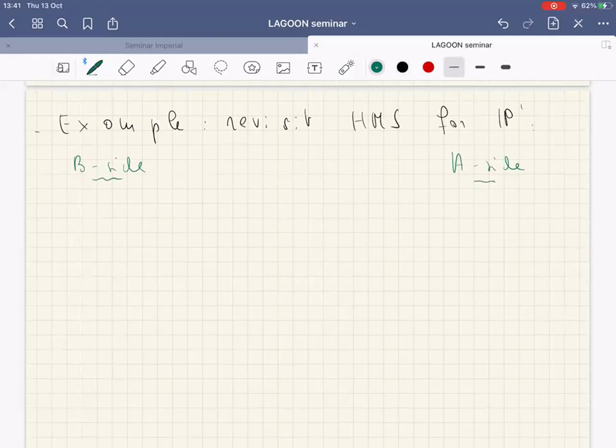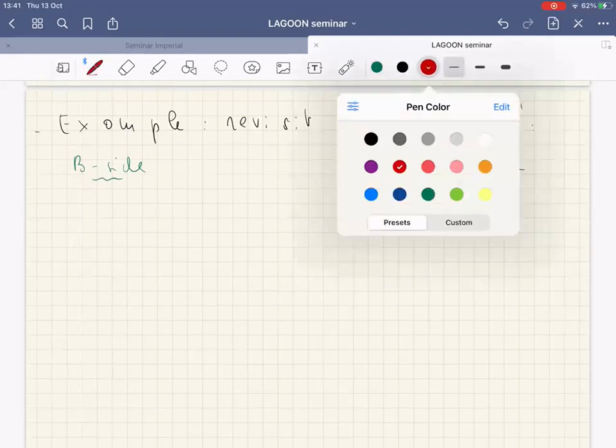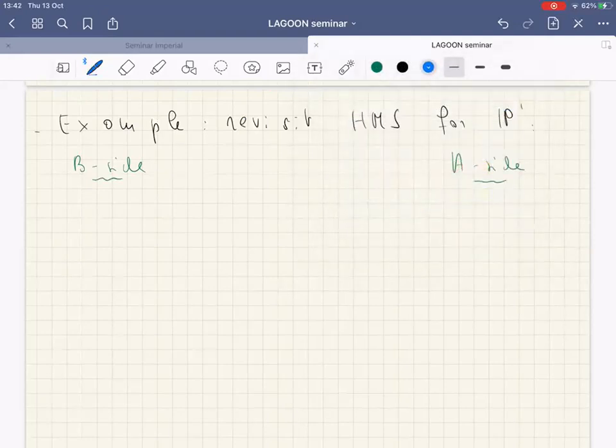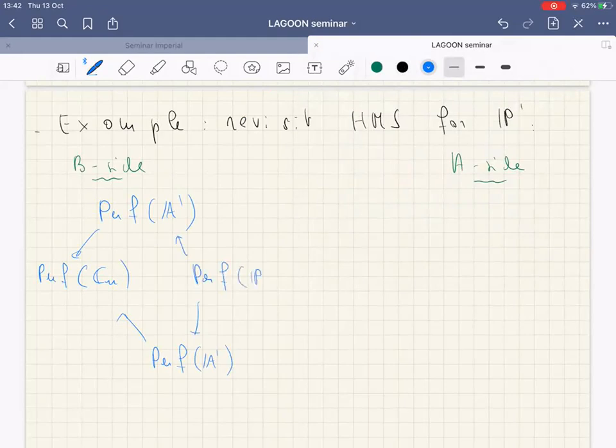And on the B side, we will have, let me just write Perf instead of D^b Coh, but of course there's no difference since all these varieties are smooth. Perf A1, and here the fiber product is Perf P1. Let me first draw these big diagrams and then comment.